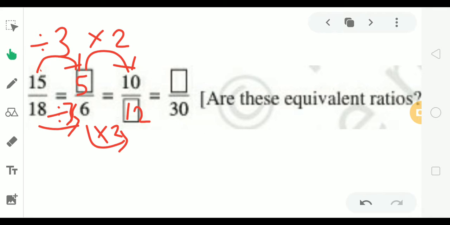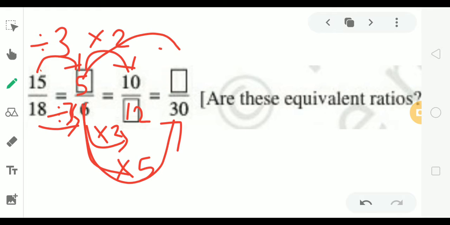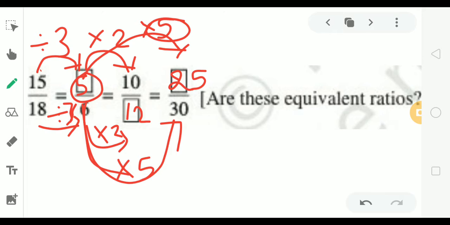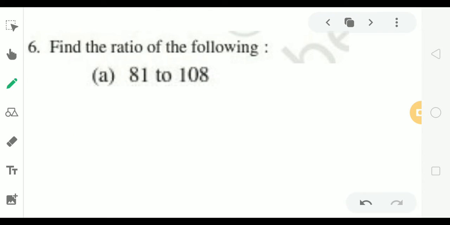It's not possible, and we have to take another fraction for this. So let's compare this with 6 to 30. How did 6 become 30? It is multiplied by 5. 6 fives are 30. Then how do we get the numerator? We multiply the numerator by 5. 5 fives are 25. So 25/30.